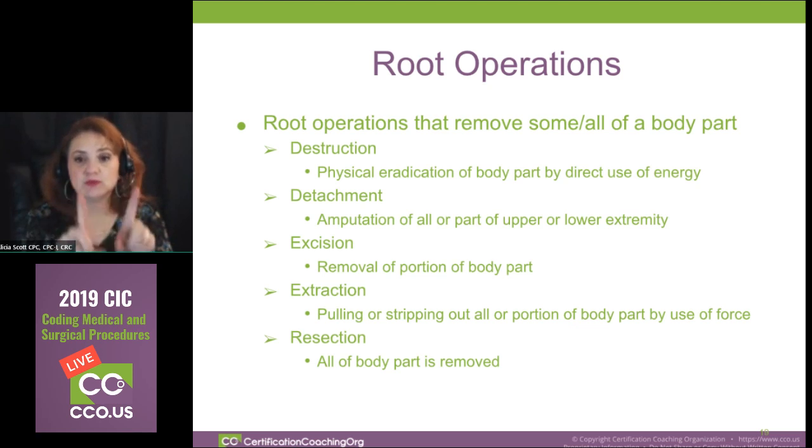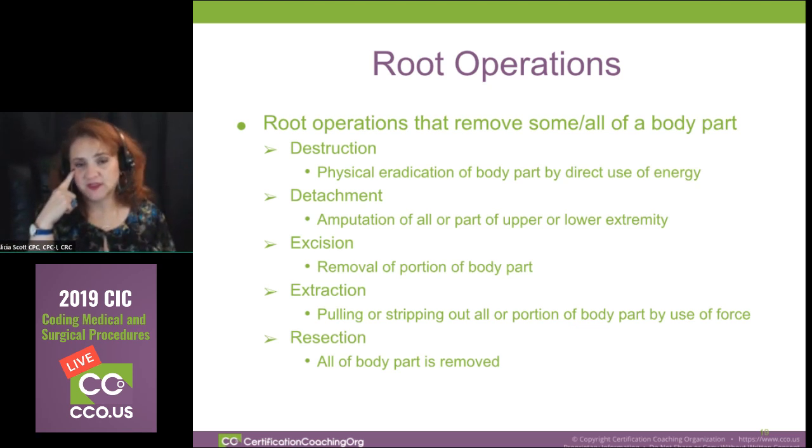In a detachment, we can remove some or all of a body part, but it's only amputations. Nothing else can be used for a detachment. And on top of that, it has to be all or a part of an upper or lower extremity.